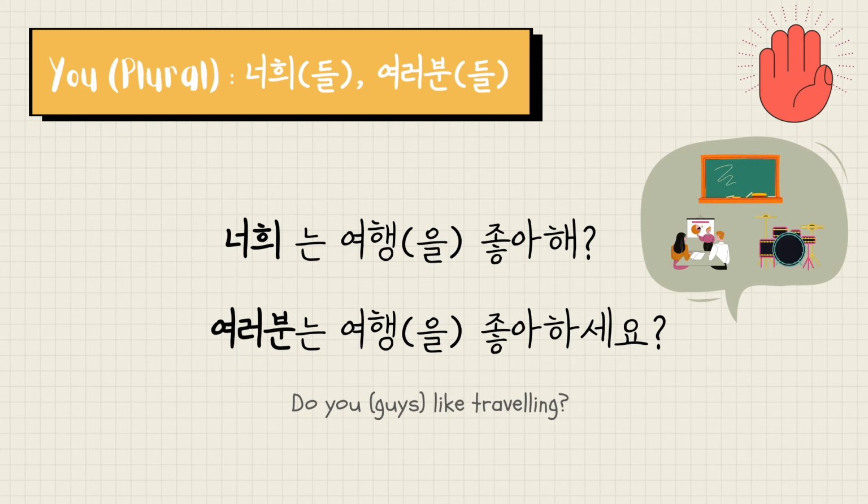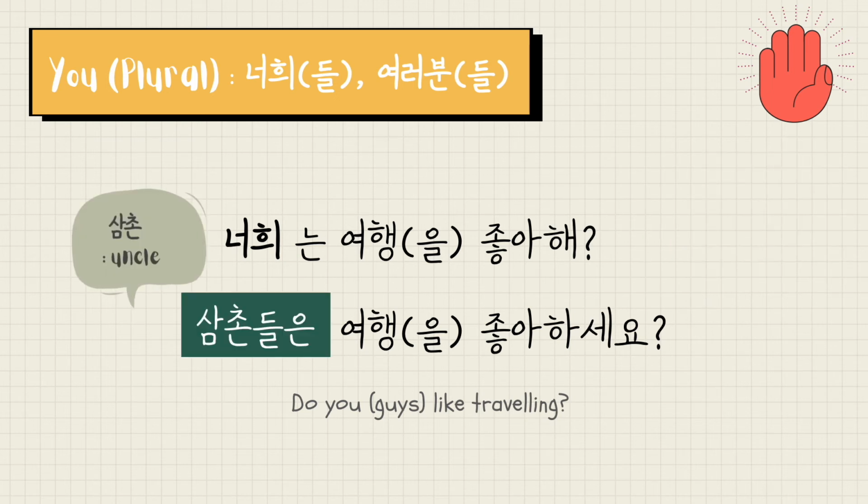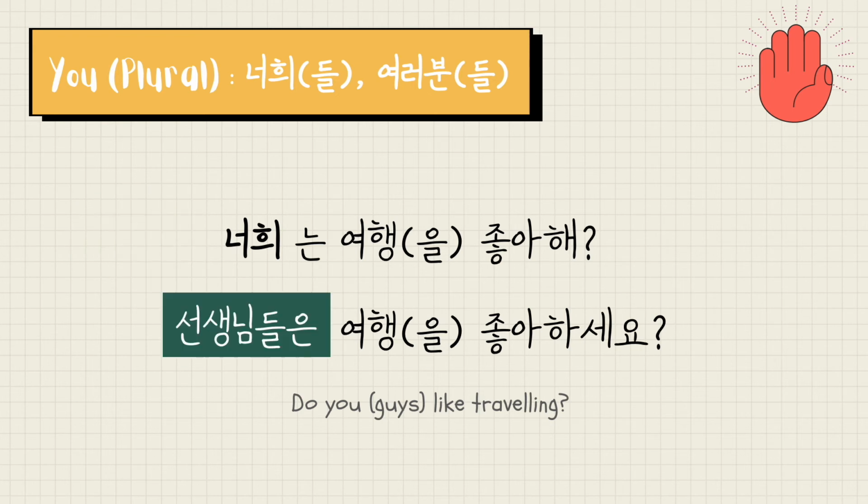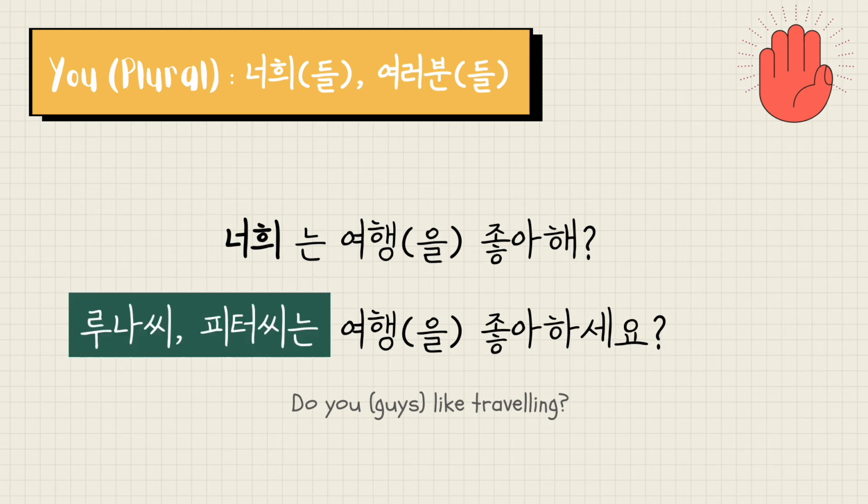Then, what can you use in general conversation? Yes, you're right. You should use family names, social status, or names instead. For example, 삼촌들은 여행 좋아하세요? 선생님들은 여행 좋아하세요? 루나 씨, 피터 씨는 여행 좋아하세요?